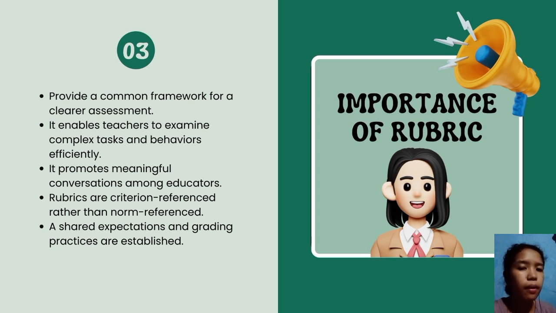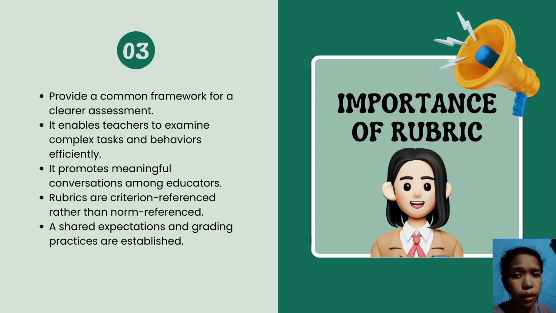A rubric is not just simply a grading tool because it serves a bigger purpose. According to the Assessment and Curriculum Support Center, rubrics provide a common framework for clearer assessment. It means that a standard is set so both the teacher and students know exactly what is expected. Also, from the perspective of teachers, it helps in examining complex tasks and behaviors fairly and efficiently while opening up conversations among teachers about what quality work really looks like.